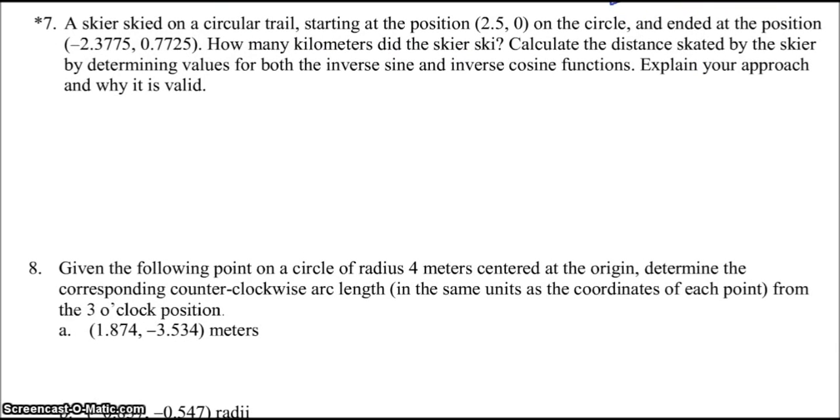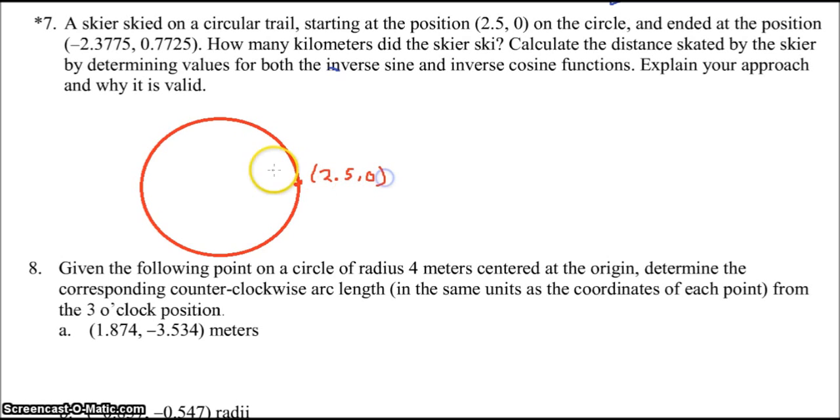A skier skied on a circular trail starting at the position 2.50, 0 on the circle and ended up at the position negative 2.3775, 0.7725. How many kilometers did the skier ski? Okay, so here's a circle. Skier starts at 2.50, 2.5 kilometers is our radius.